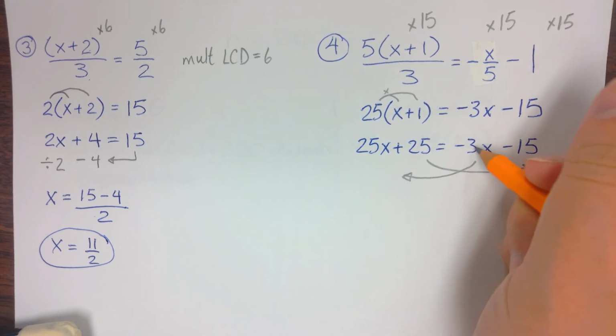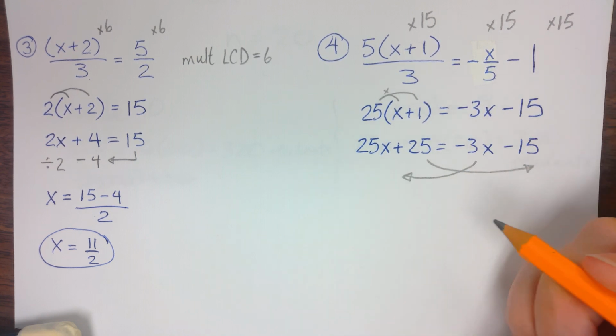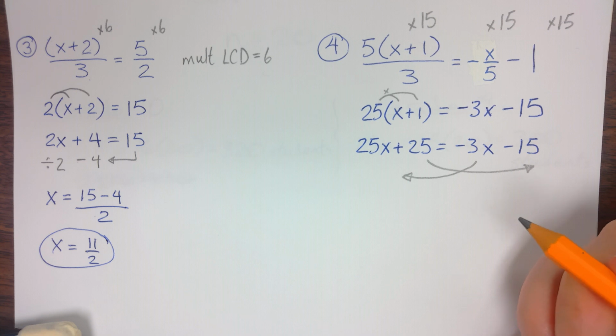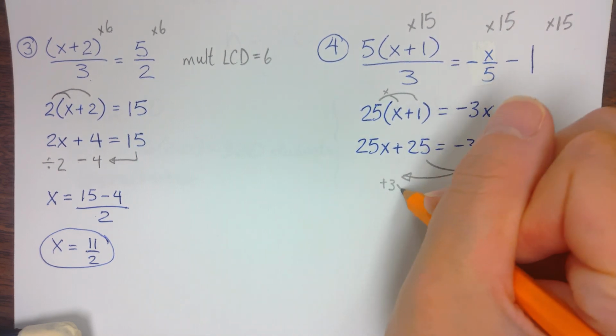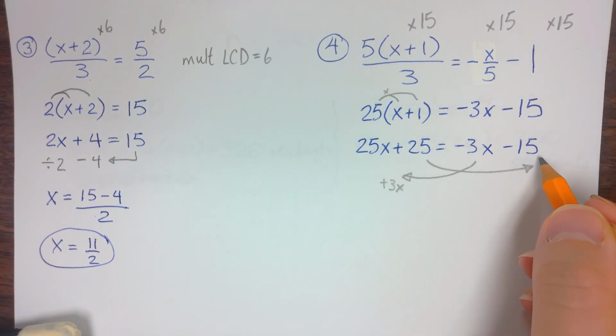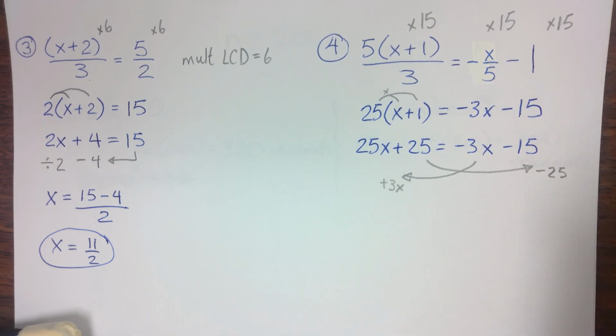When I move this negative 3x, what does it become? Positive 3x, right. Remember, opposite. And positive 25 becomes negative 25. All right.